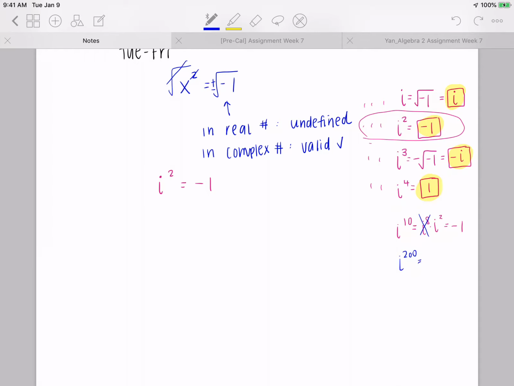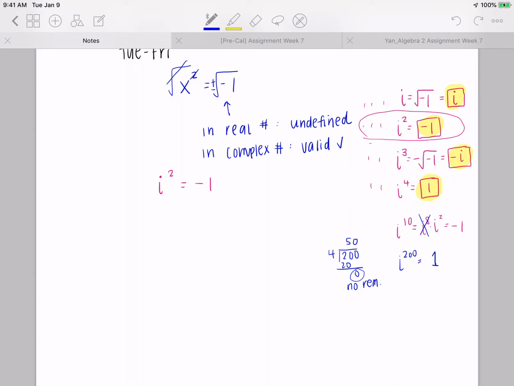Okay, so let's go to 200 first. Is 200 divisible by 4? 4 times 5 is 20 and 0. So yes, it is divisible. We don't have any remainder. So this answer is just 1 because it's a multiple of 4. We only look at the last one.